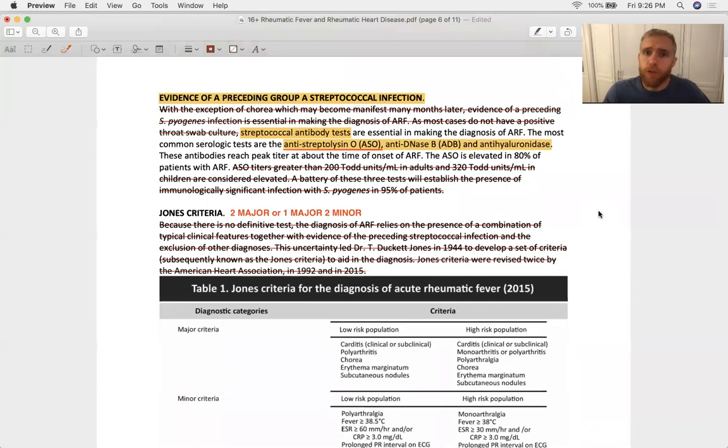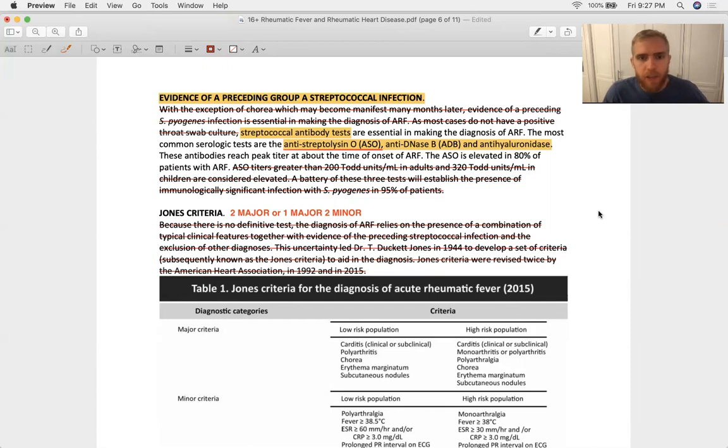So blood cultures are usually negative because, again, rheumatic fever is most always going to be at least 2 weeks following the initial strep infection, but can even be up to a month or two. And so there's going to be no bacteremia; the blood culture is negative. And so how do you test to see if they had a strep infection versus something else, if they do report an infection?